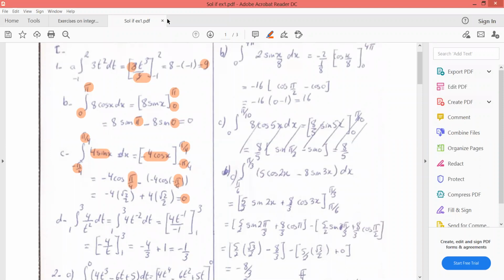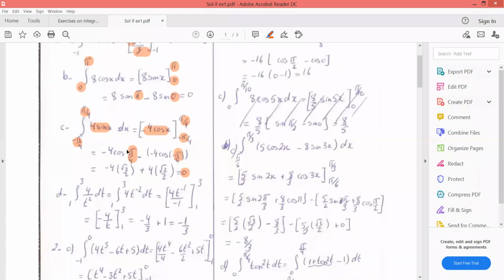Who can tell how to calculate? No. If you notice that the bounds are opposite, minus pi over 4, pi over 4, are opposite bounds.